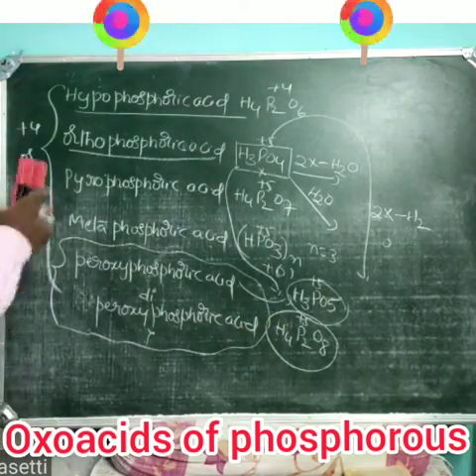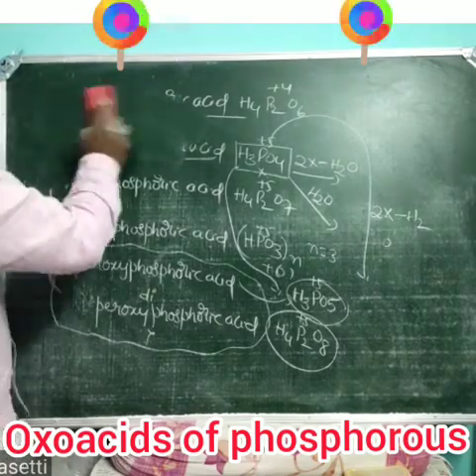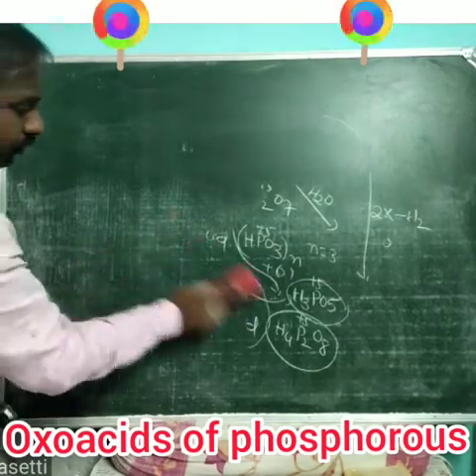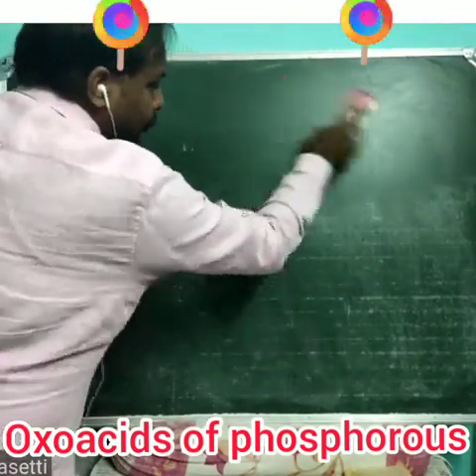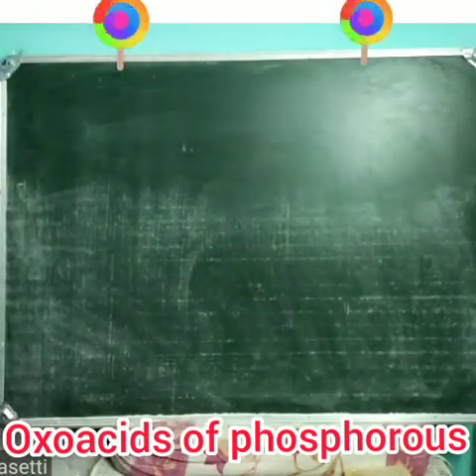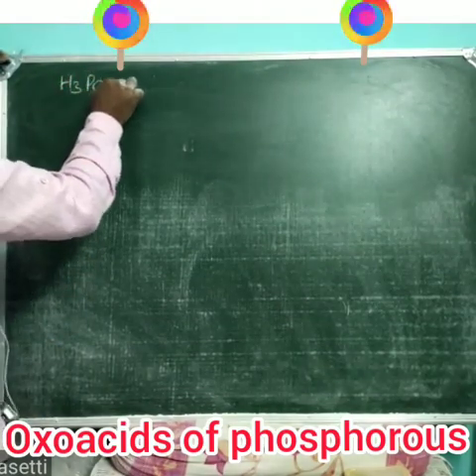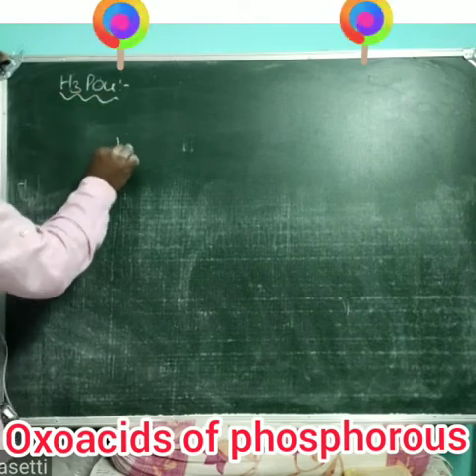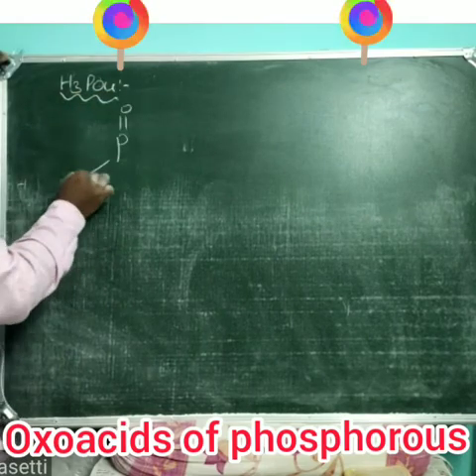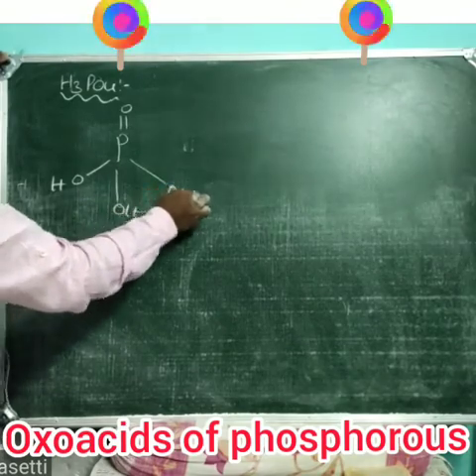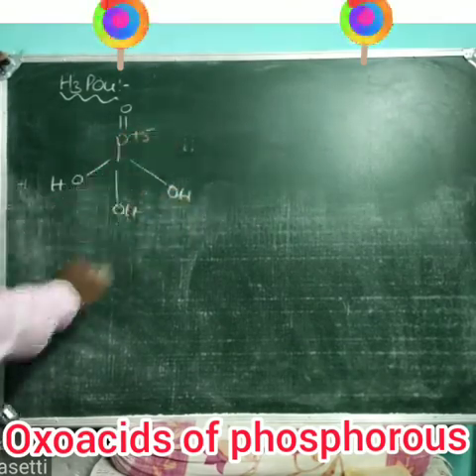Now let us see the structures of these oxy acids one by one. First, the parent oxy acid, that is nothing but H3PO4. So the H3PO4 structure will be like this. Here the oxidation state is +5.